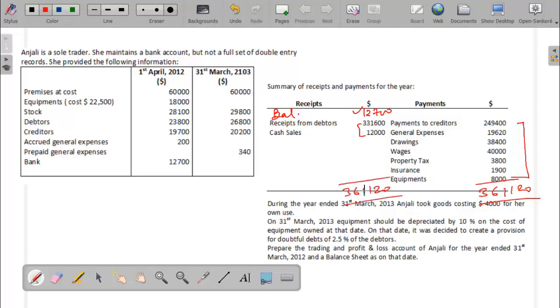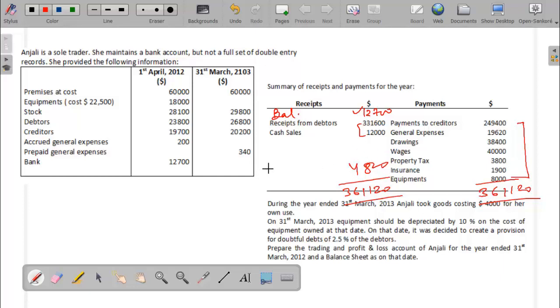And from this total now we will subtract 12,700 minus 3,31,600 and minus 12,000. So the closing balance will come 4,820. It means the bank account is showing credit balance.